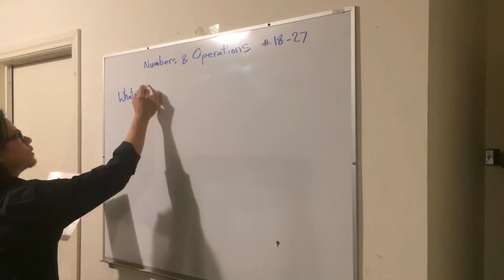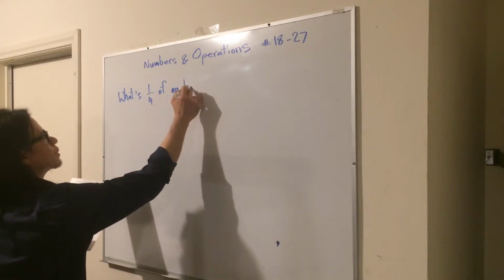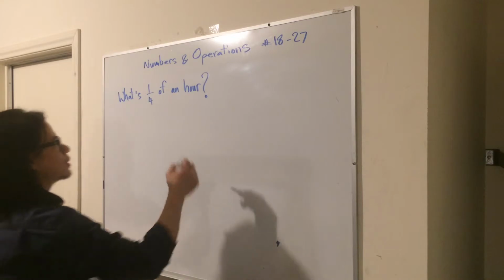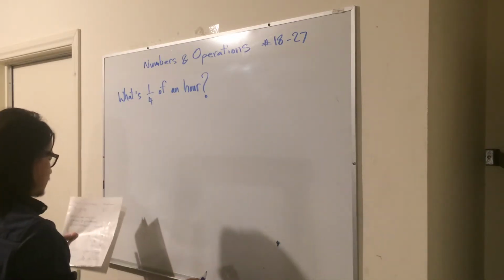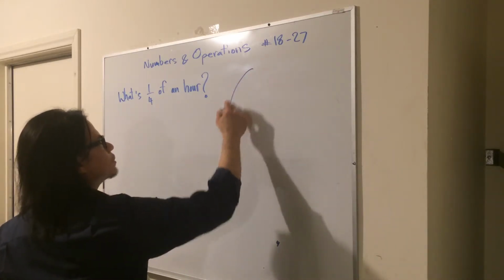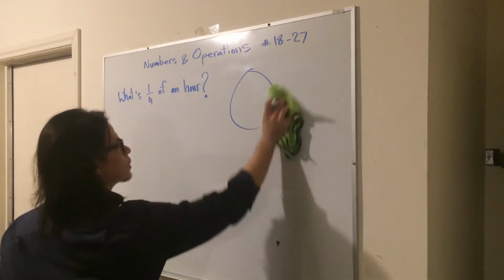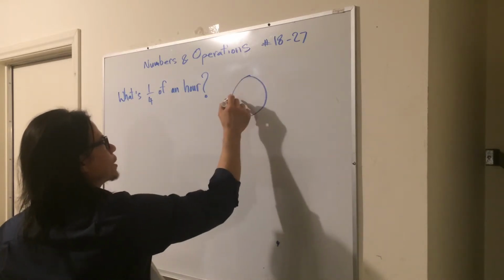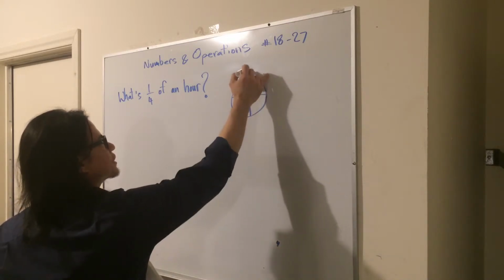What is 1/4 of an hour? Let's think of it in terms of minutes. 1/4 of an hour equals how many minutes? If we were to break up an hour, 1 hour has 60 minutes, right?